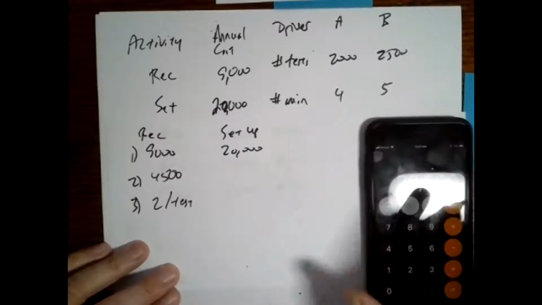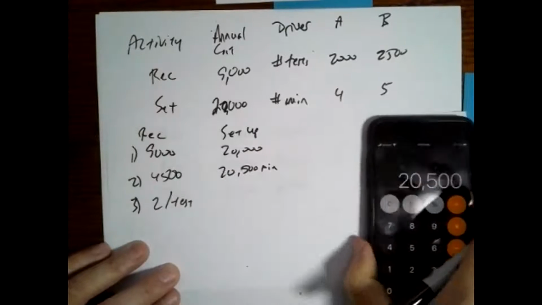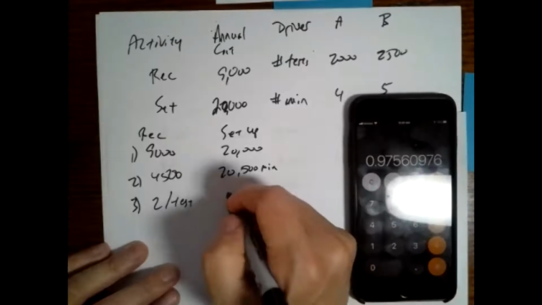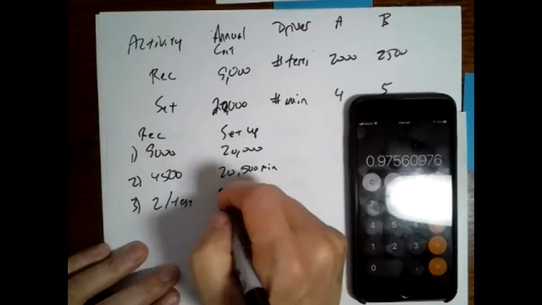So we have 20,500 minutes. The cost per minute then is 20,000 divided by 20,500 minutes, or $0.9756 per minute.